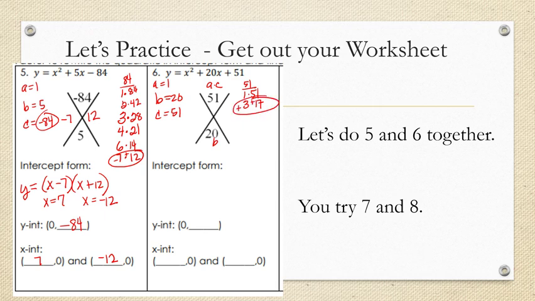They're both going to be positive, 3 and 17. So y equals x plus 3 and x plus 17. So we get x is negative 3, we get x is negative 17. The y-intercept is the c value, and then we have negative 3, negative 17.